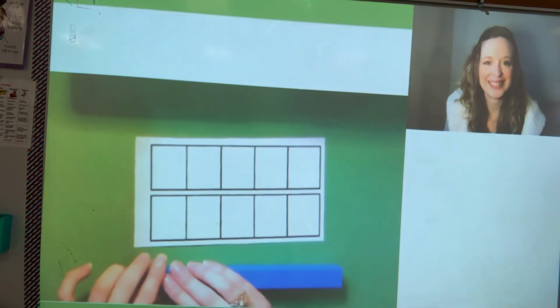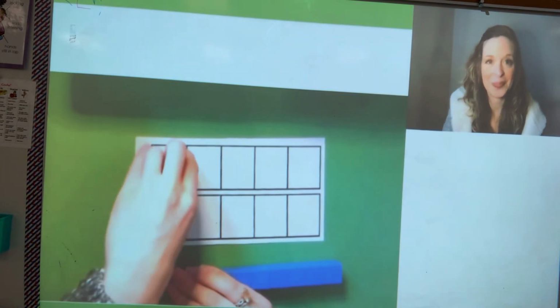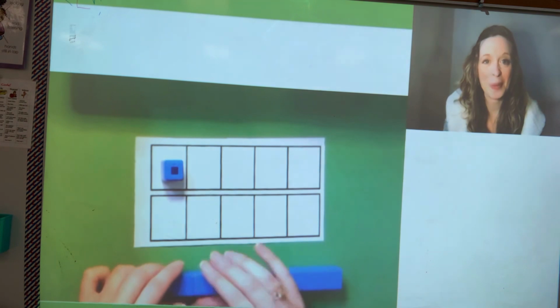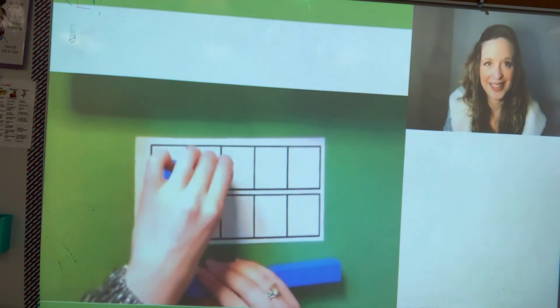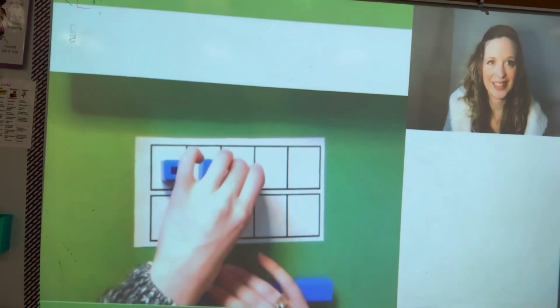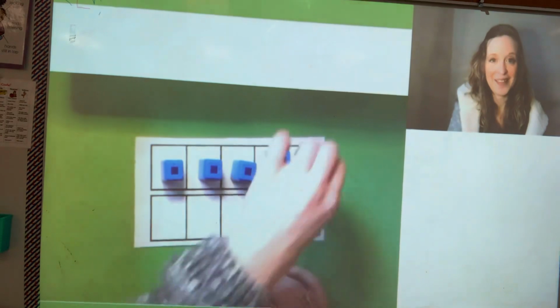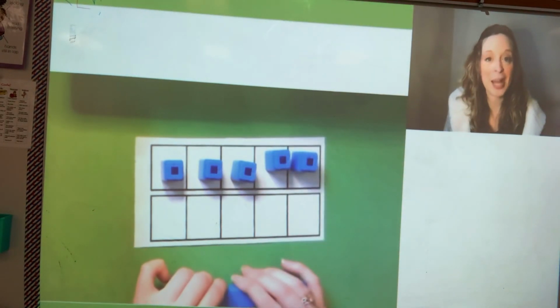Ready? Let's do it all together. Go. 1 cube, 2, 3, 4, 5 cubes. We filled out the first row.